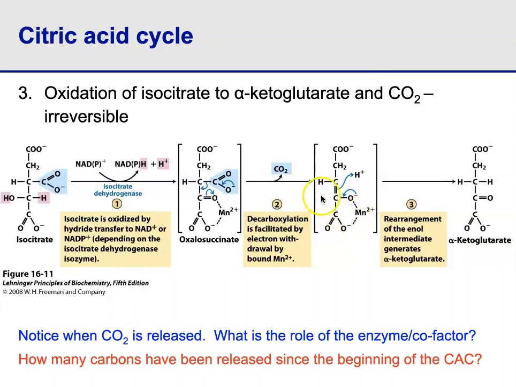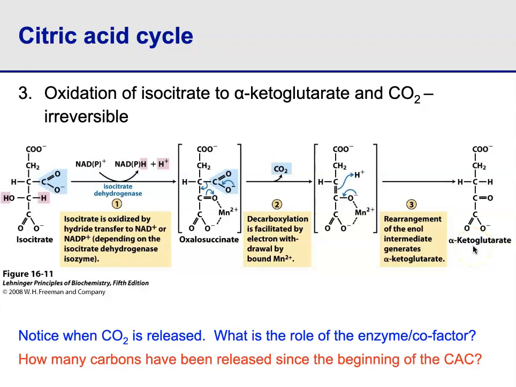But once this happens and the decarboxylation happens, then the rearrangement again of the electron density will allow for this carbon to pick up a proton from the environment, which is very easy because the environment has them, and then form the alpha-ketoglutarate.